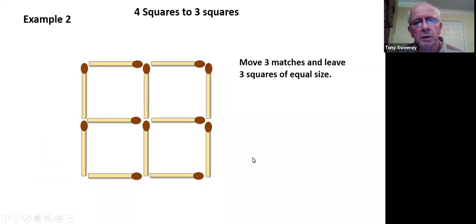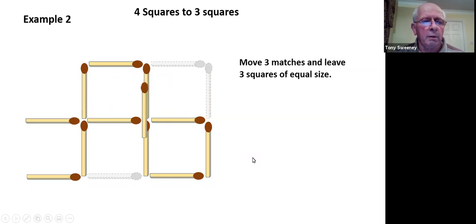I'll go forward again. And there you have it. Two from this square and one from there. So you can see there's a pattern to these moves. That's useful for students because later on, they may have to find patterns of angles and lines in order to solve geometric problems.